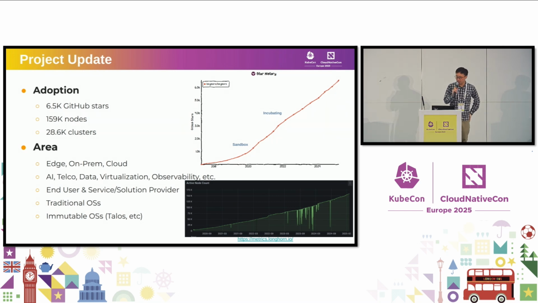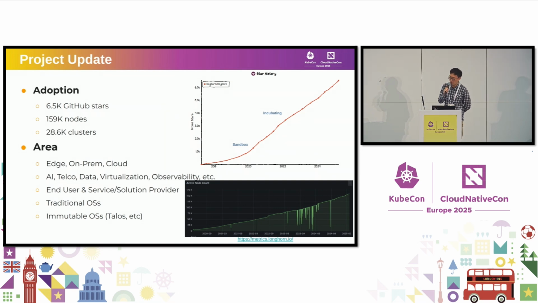About the project status update, right now it's continuing to grow over the years. If you see the stars on GitHub, it's a traditional way we understand how popular the project is. And for metrics, we have public metrics at metrics.longhorn.io, where we can see how many nodes around the world are using Longhorn right now.